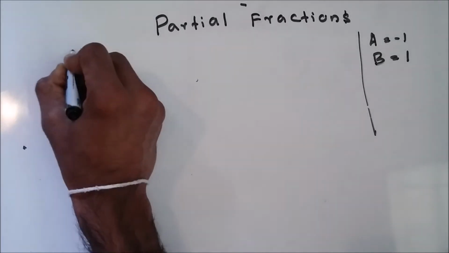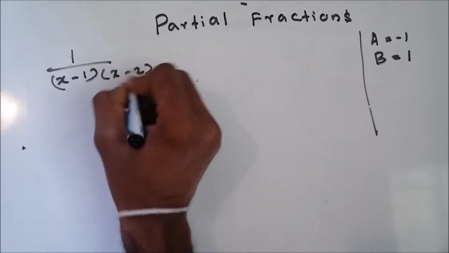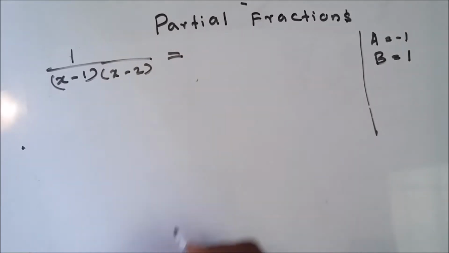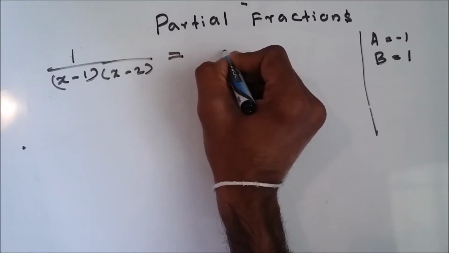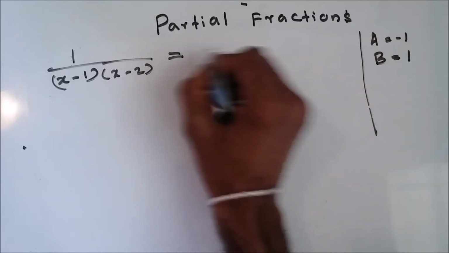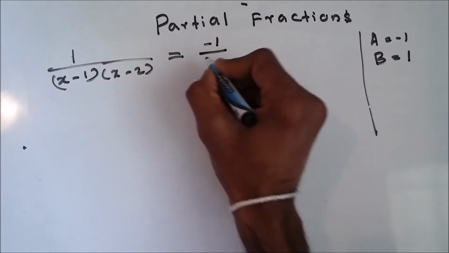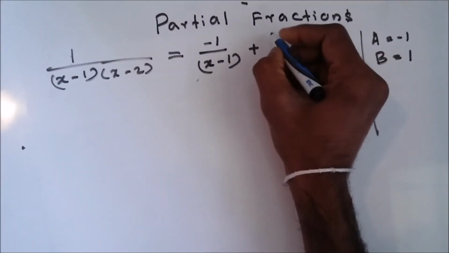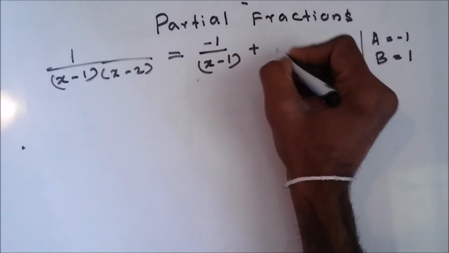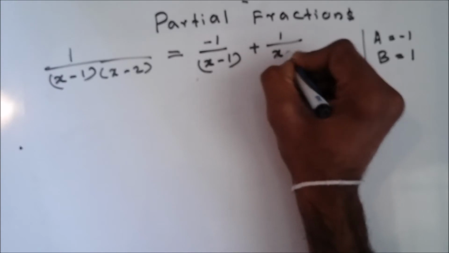Our example 1 over (x minus 1) into (x minus 2): we wrote A over (x minus 1). A equals minus 1, so we substitute here, minus 1 over (x minus 1), plus we wrote B over (x minus 2), and substituting B equals 1, 1 over (x minus 2).